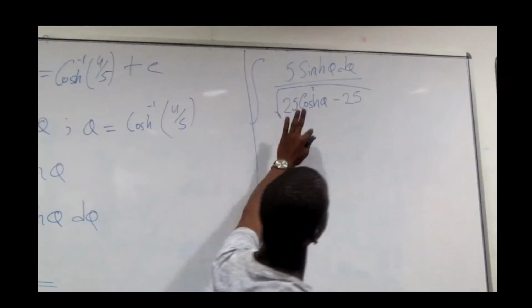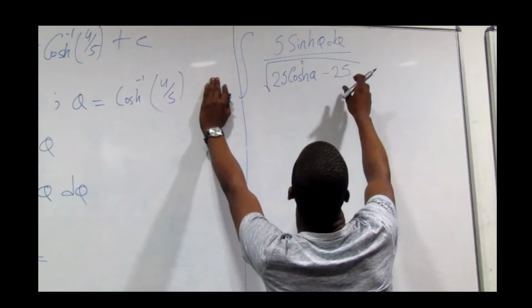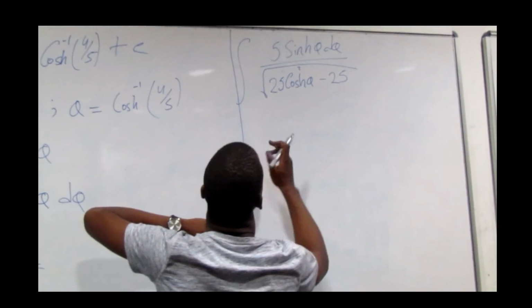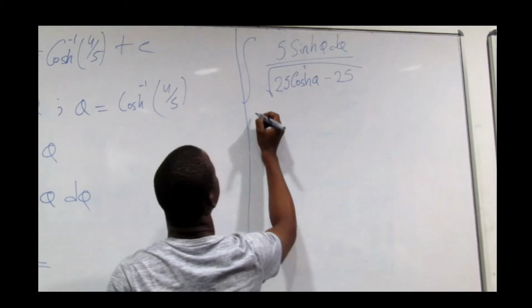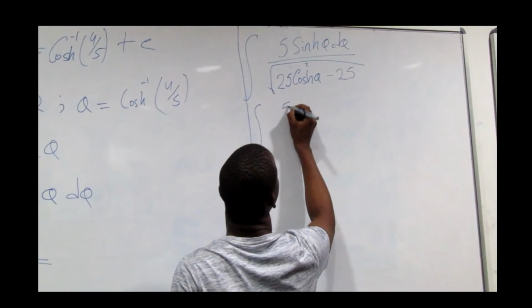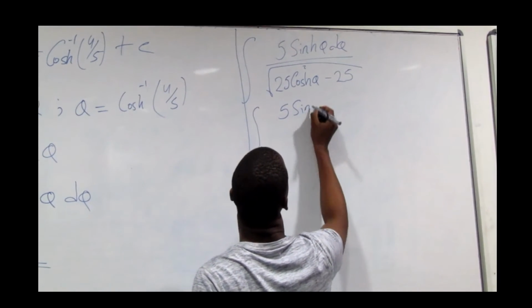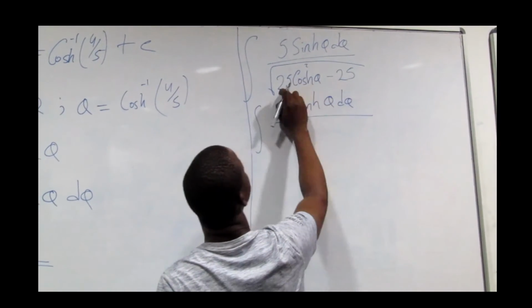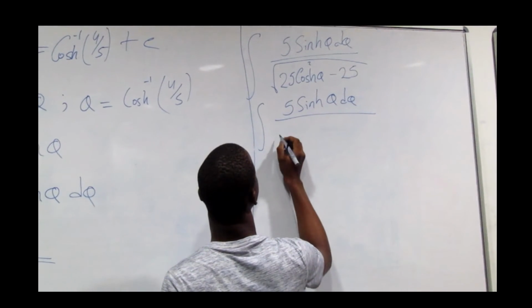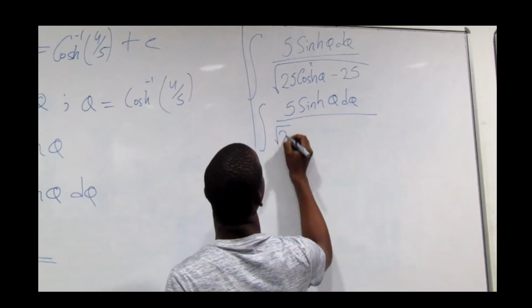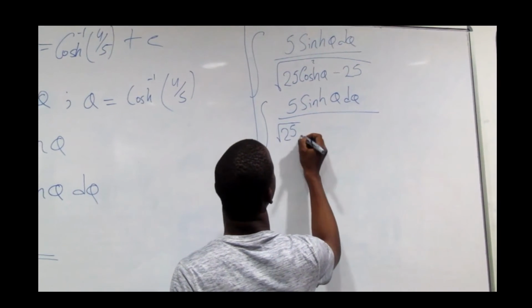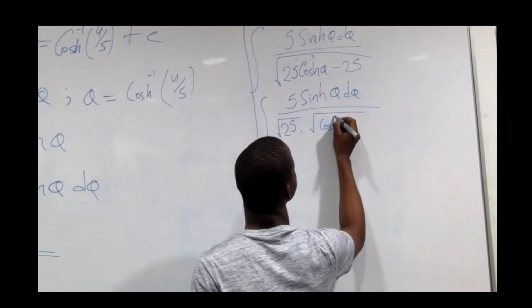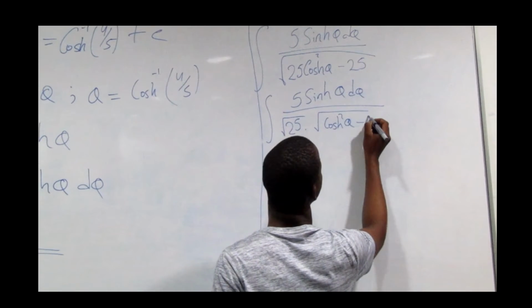Then from here we factor out this 25, which is our common factor. It's going to be 5 sinh theta d theta divided by, when we take 25 outside, 25 and cos square theta minus 1.